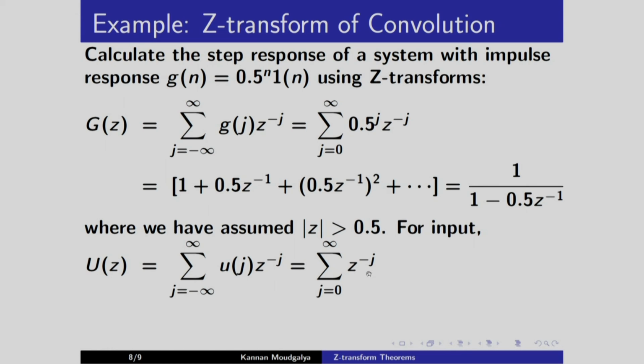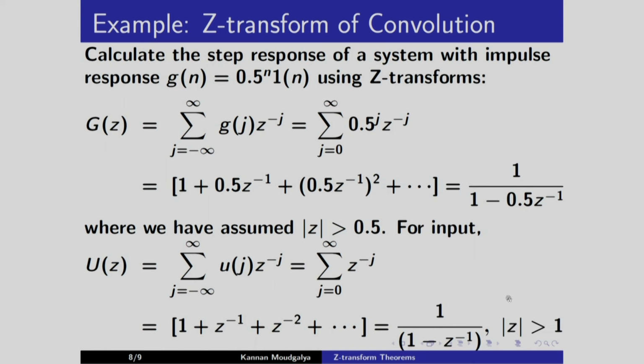So you have z power minus j. And using the same approach as earlier, you see that this becomes equal to 1 over 1 minus z inverse. So we assume that each of these terms is less than 1. In other words, absolute value of z is greater than 1.